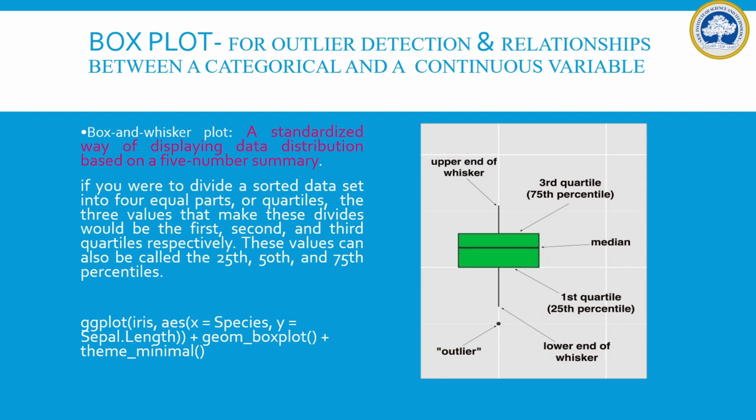And this plot is also used to show the relationship between a categorical and continuous variable. For our case of the iris flower data set, we are going to take the continuous variable of sepal length and the category type of species. We are going to display the relationship between this species type and sepal length.